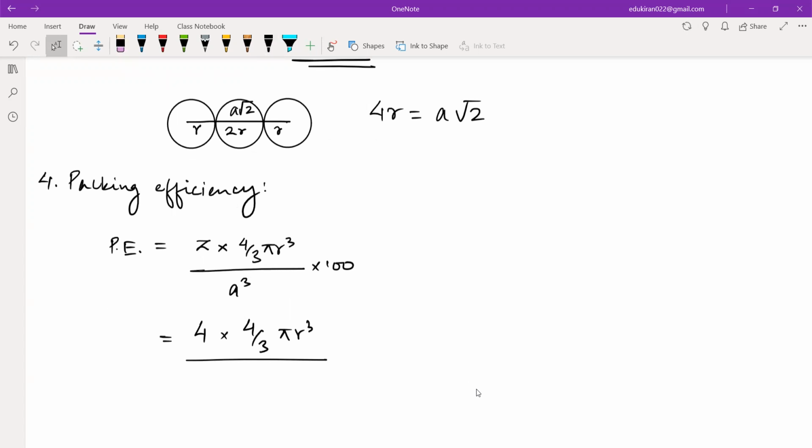Instead of a cube, what will you write? A is equal to 4r upon root 2. Right? A is equal to 4r upon root 2. So please solve this packing efficiency.